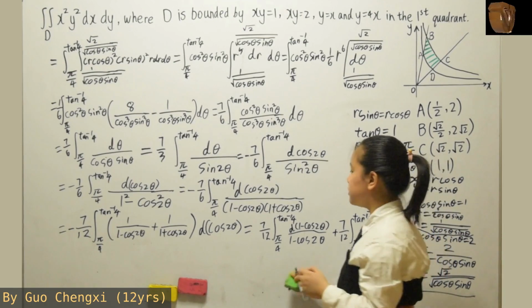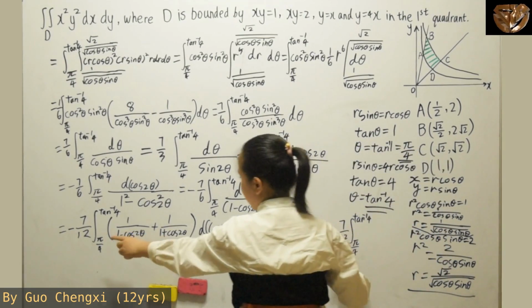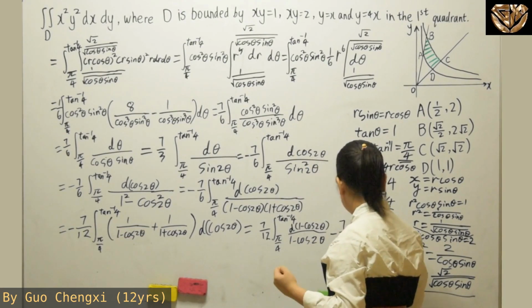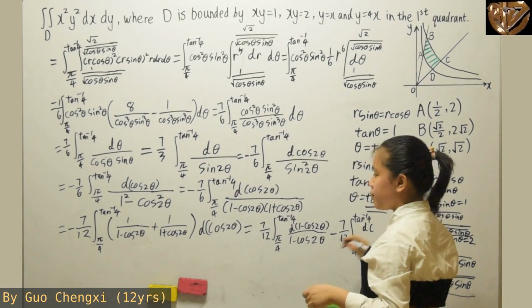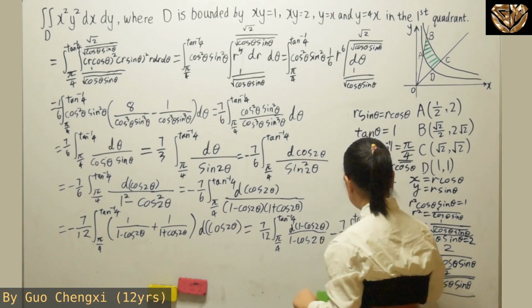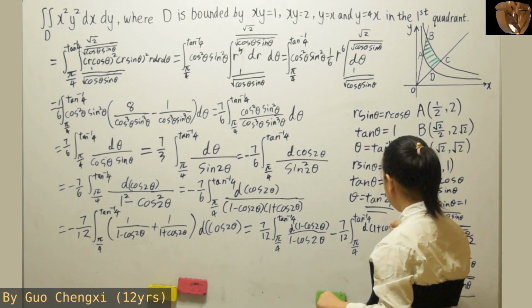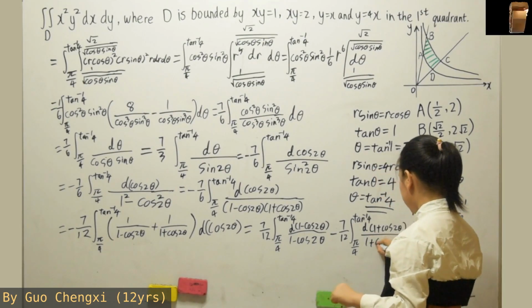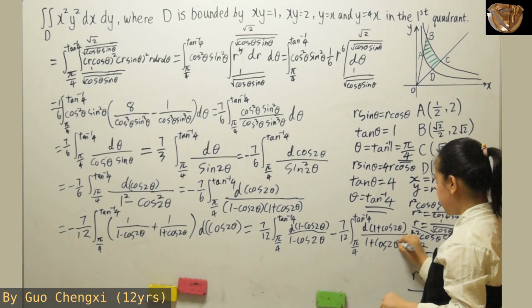Over here, although this part is add, we have the negative in front, so it becomes minus. And here we have d, and we wouldn't have another negative because it's plus 1 plus cosine 2 theta.